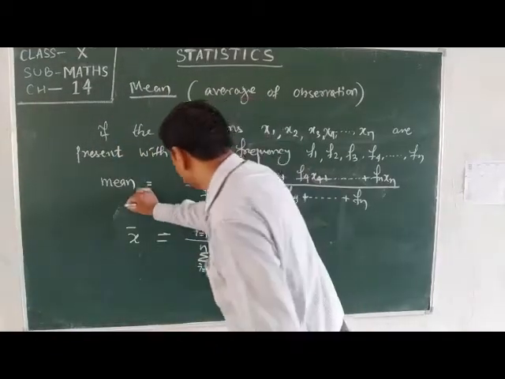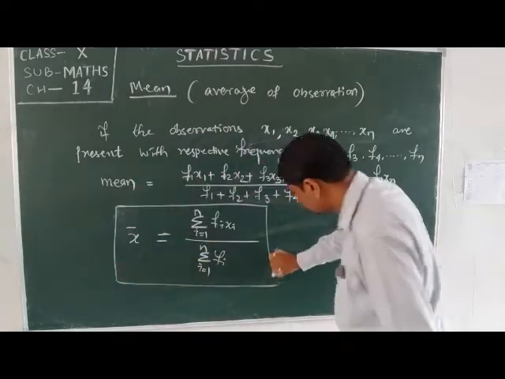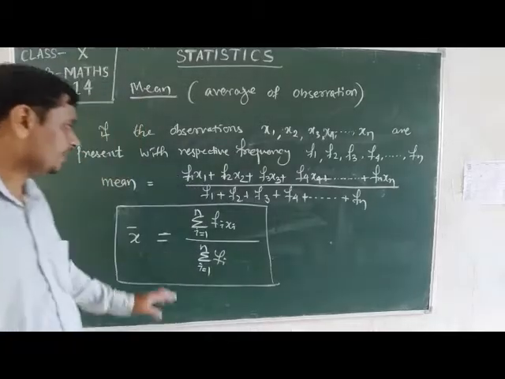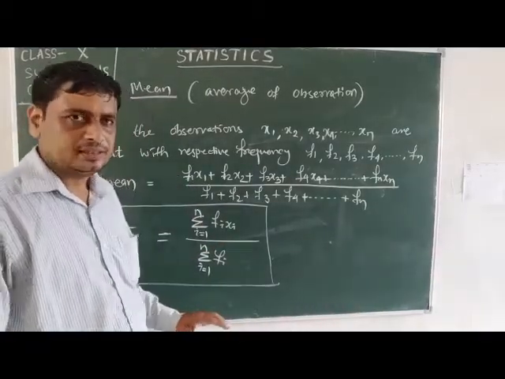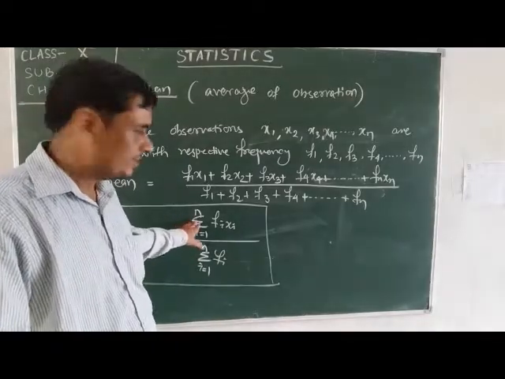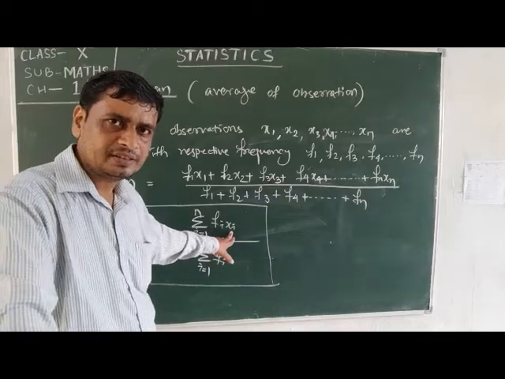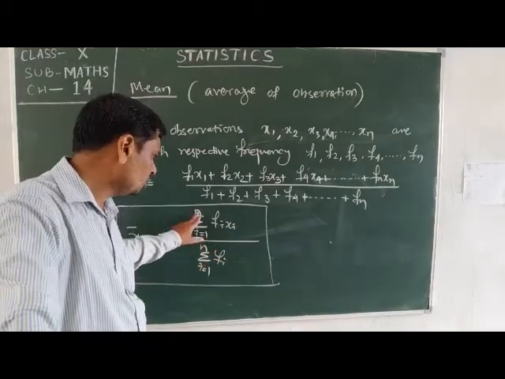It is the formula to find the mean of the given data. This symbol is called summation. We read it as the sum of fi xi, where i varies from 1 to n.